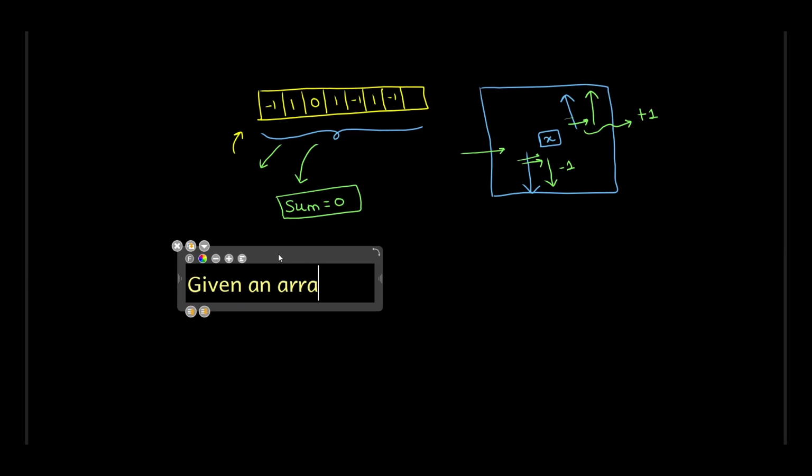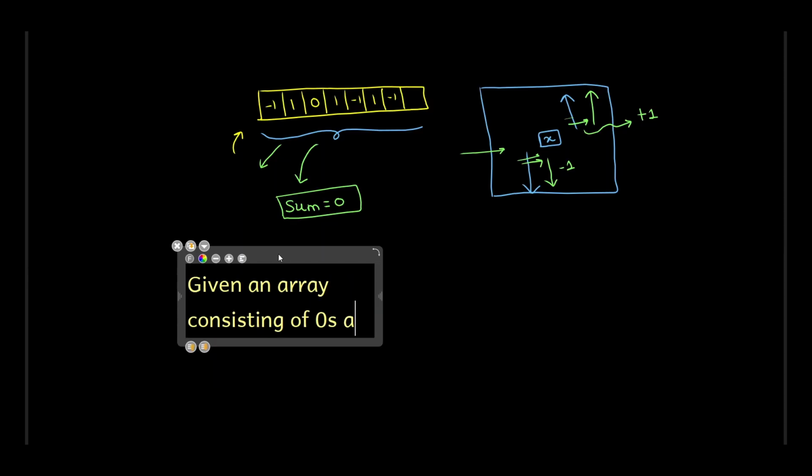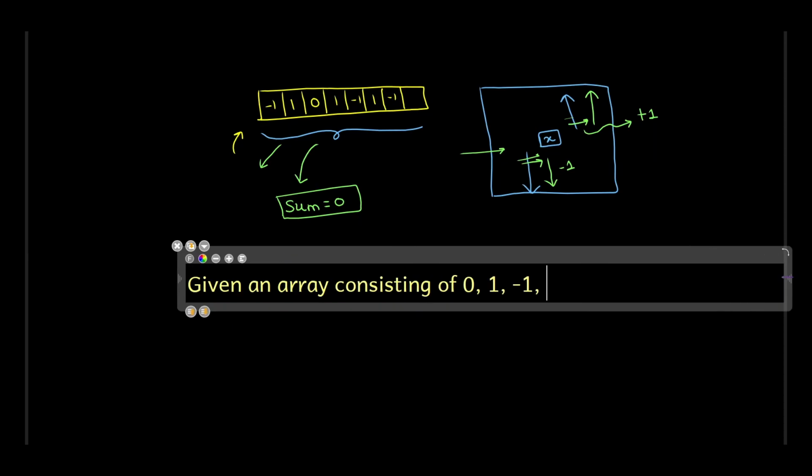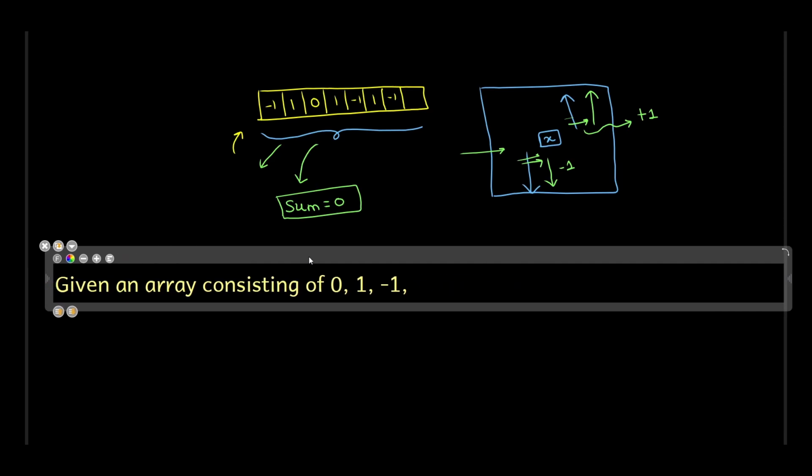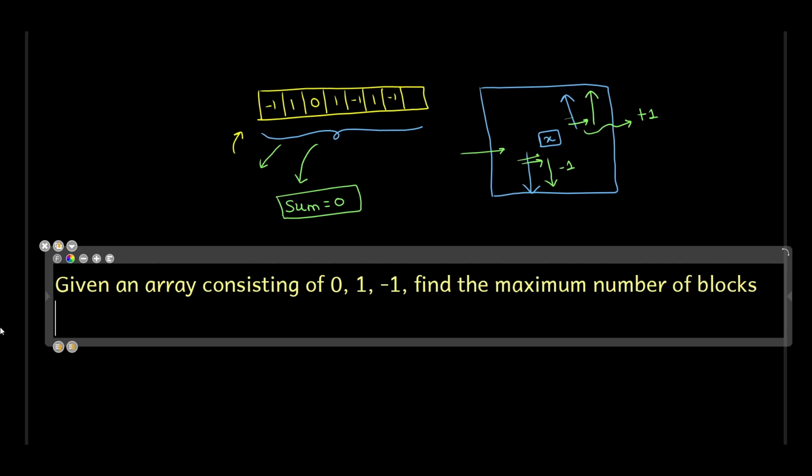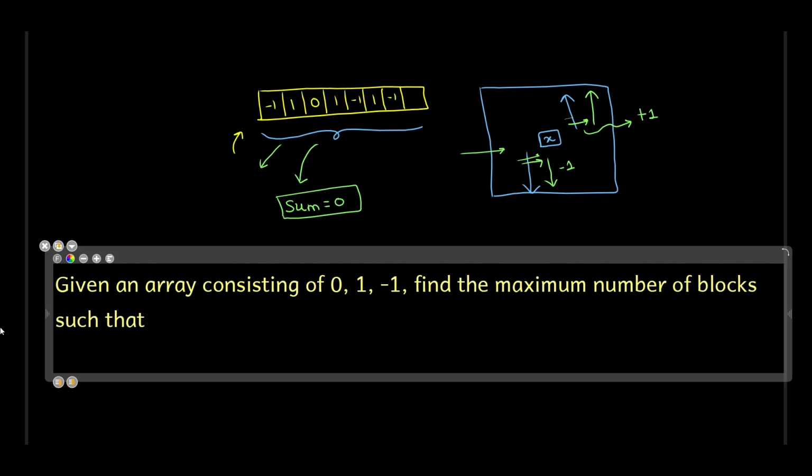Given an array consisting of 0, 1, -1, find the maximum number of blocks such that, what are the conditions? Let's see.